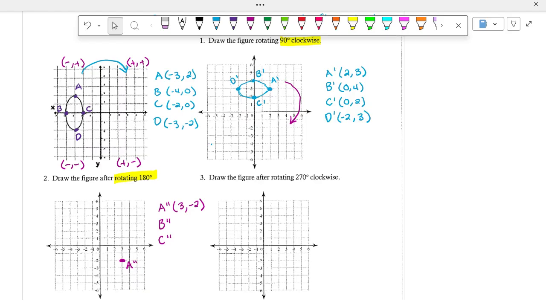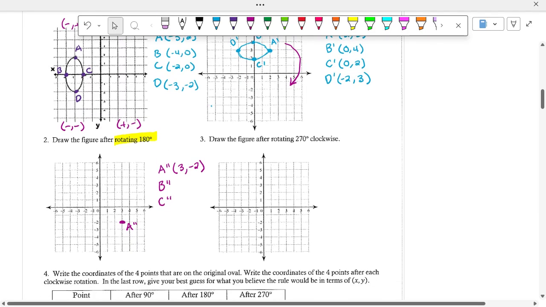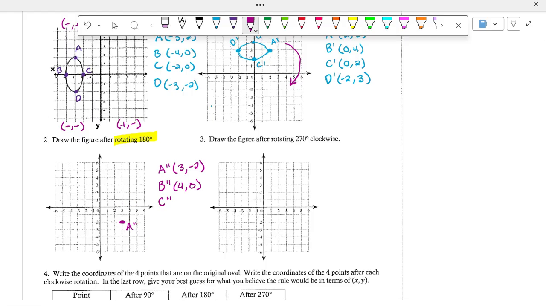All right. So for B, it would be 4, 0. So we just switch x and y. Since I know it's going to be on the right side of the x-axis, it's positive. So that would be B double prime. What about C double prime? Where would it end up? 2, 0.